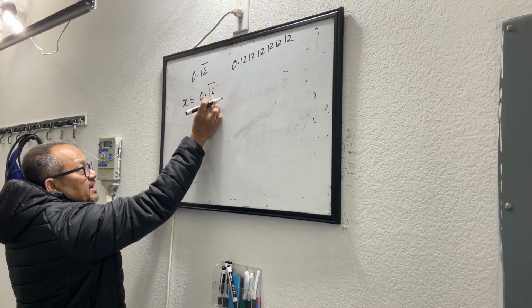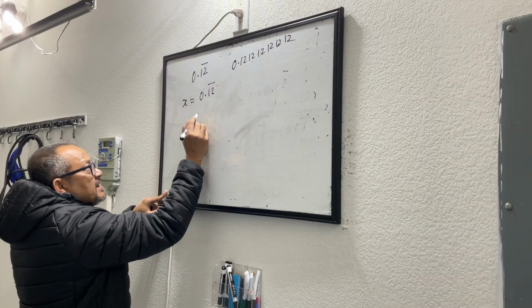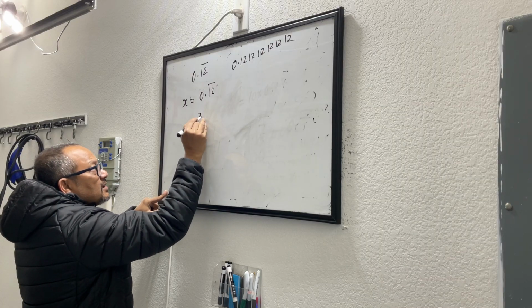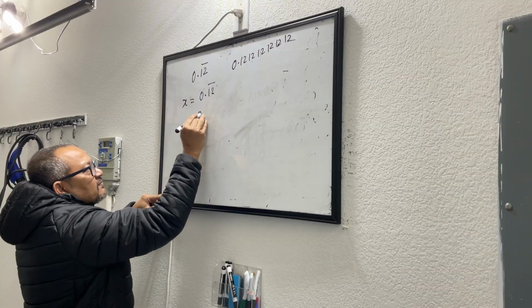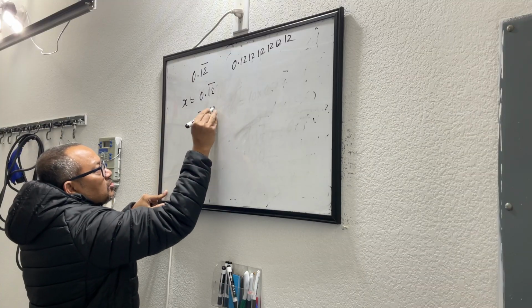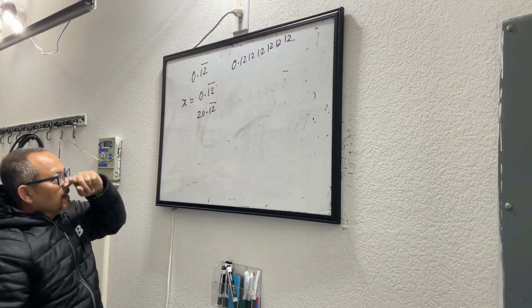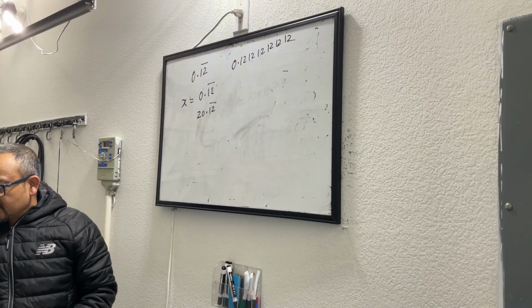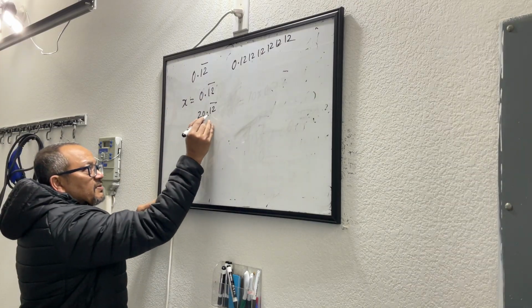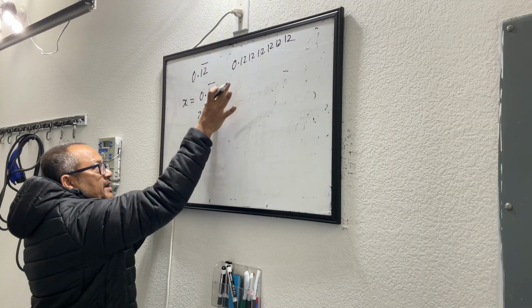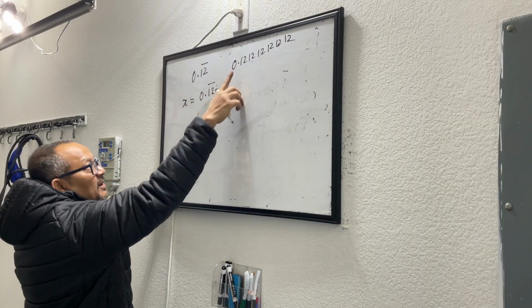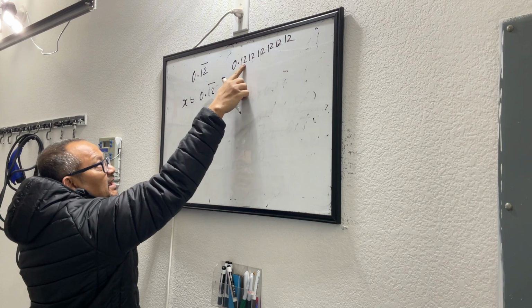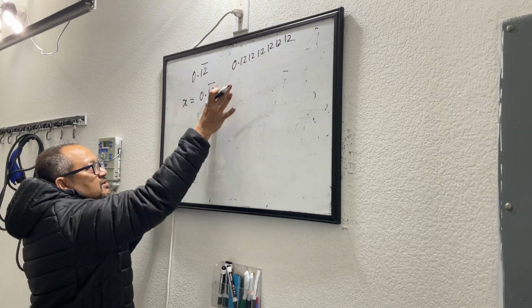So, I need to convert this to something other than x. Let's say I convert it to 20.12 recurrence, then I can subtract and I will be able to get rid of this one. But for us to be able to get 1, 2 again, I will have to multiply it not by 10, because if I multiply by 10, I am just moving by one place and I will have 2, 1, a very weird combination.